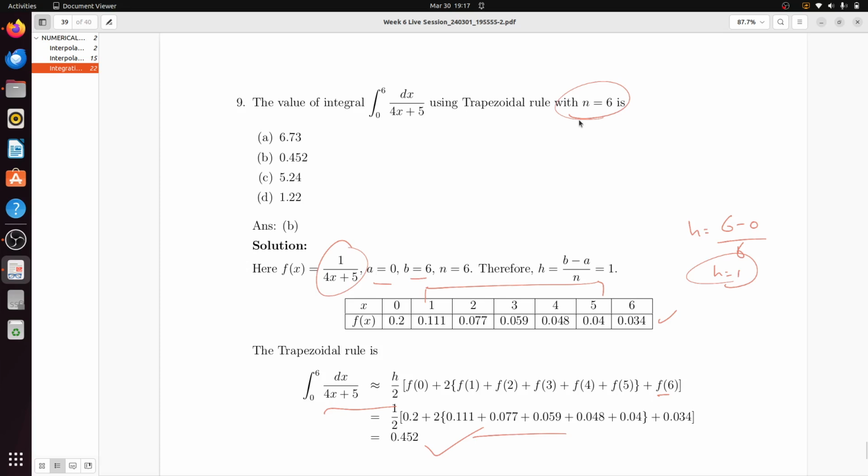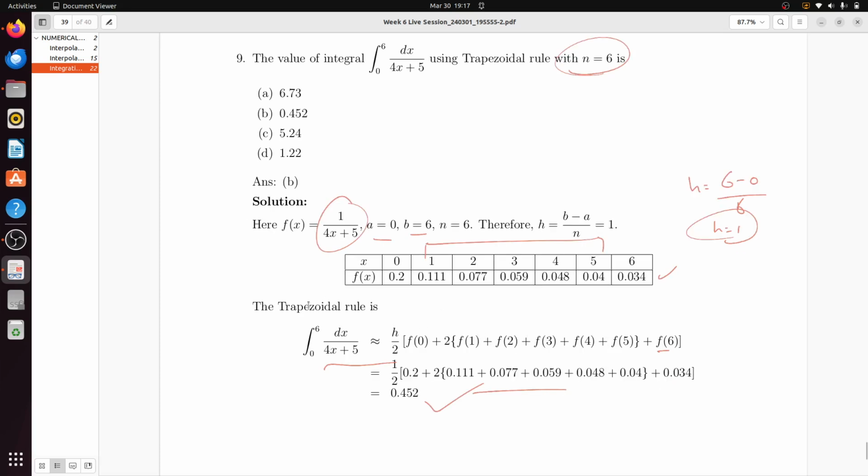You need to break it into 6 subintervals, so the points are 0, 1, 2, 3, 4, 5 and 6. You put the corresponding values in f(x) and you will get 0.2, 0.111, 0.077, 0.059, 0.048, 0.04, 0.034.